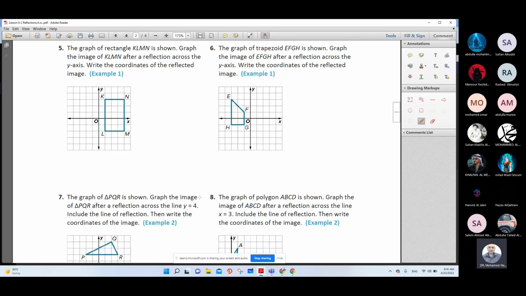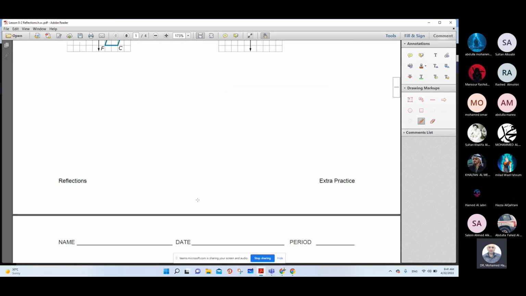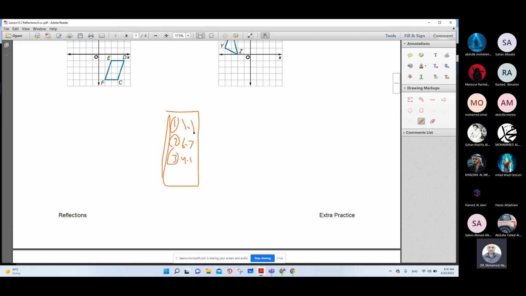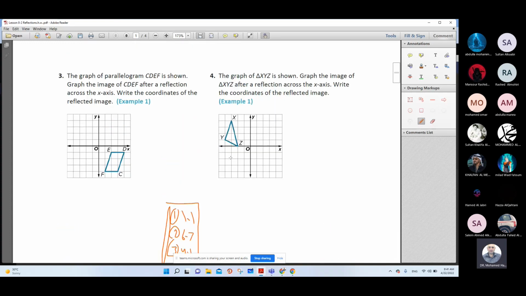Okay. Some students sent me the homework on paper like this. They write here question 1, 1.1, question 2, 6.7, question 3, 4.1. Now I want to ask this student, is this the homework as you see?